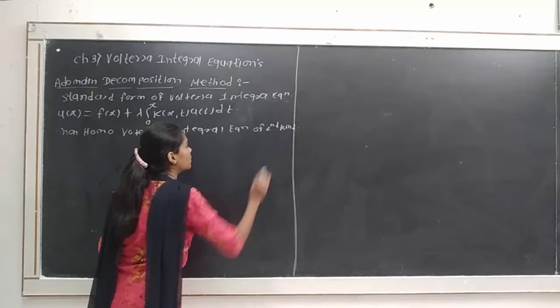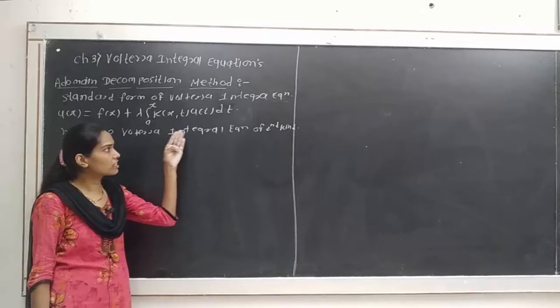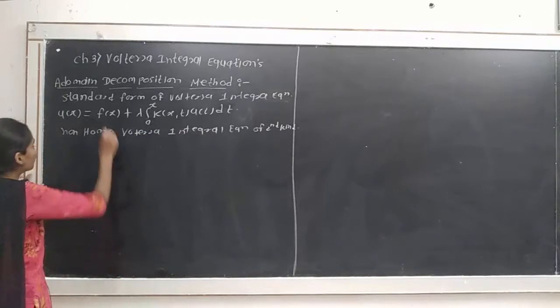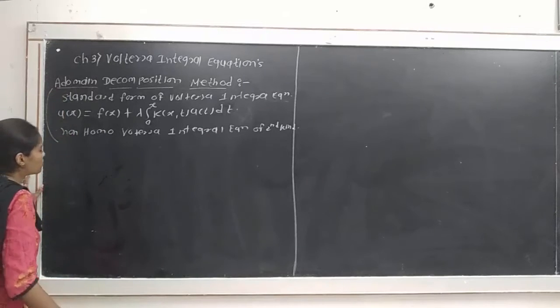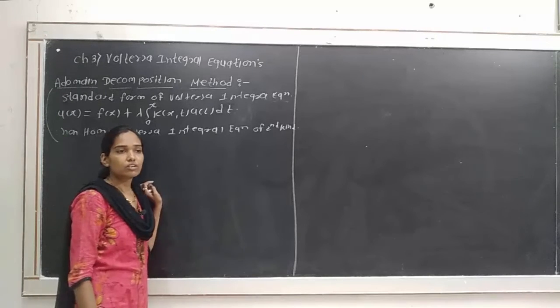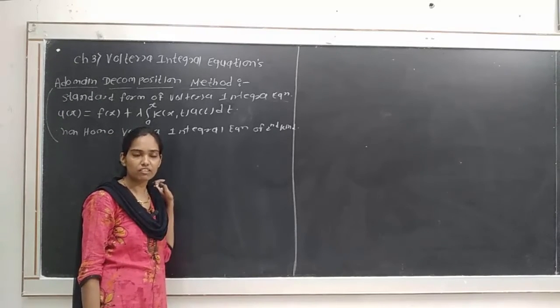For solving the non-homogeneous Volterra integral equation of second kind there are various methods, but first we want to discuss the Adomian decomposition method. In the previous chapter we discussed that method for solving the non-homogeneous Fredholm integral equation.